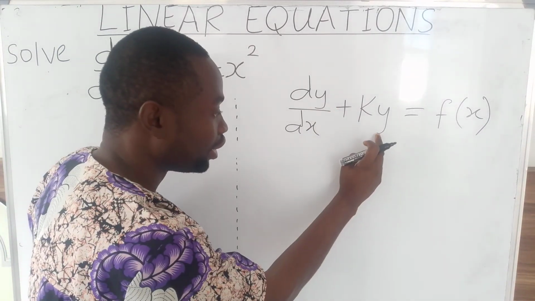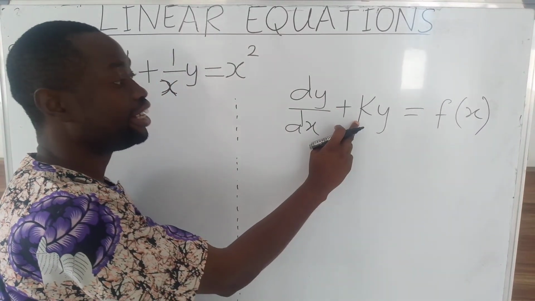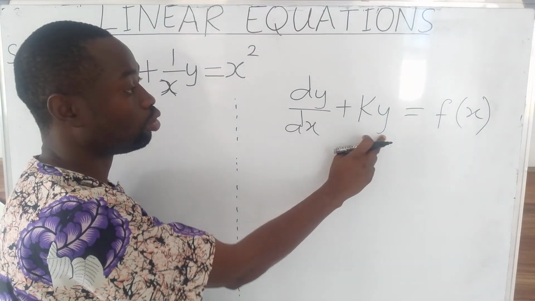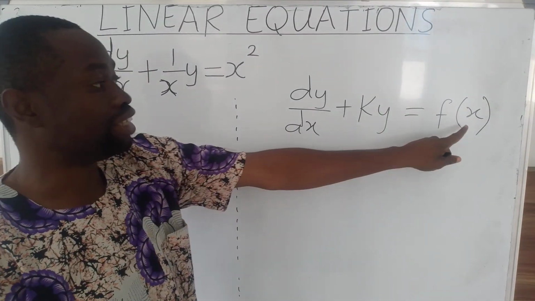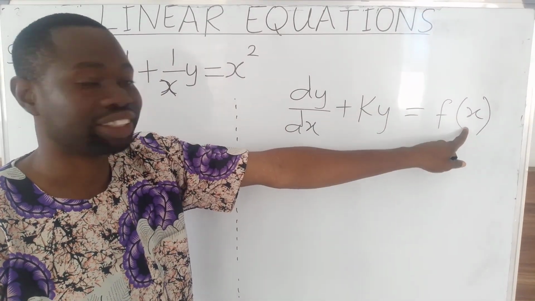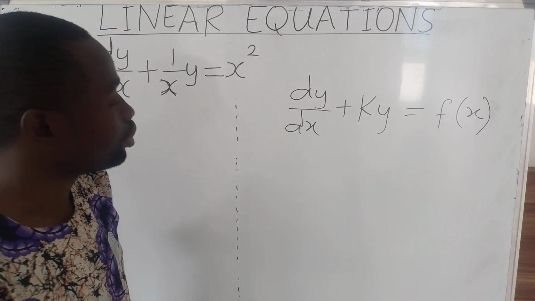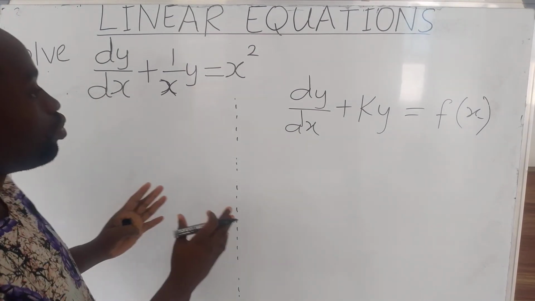There must be a y variable here, and k is the coefficient of that y. Then there must be a function of x at the right hand side.